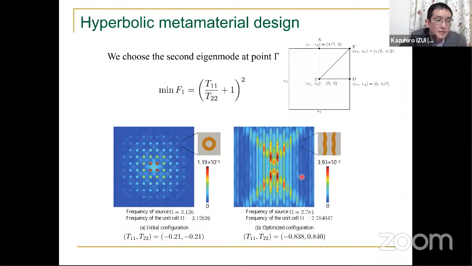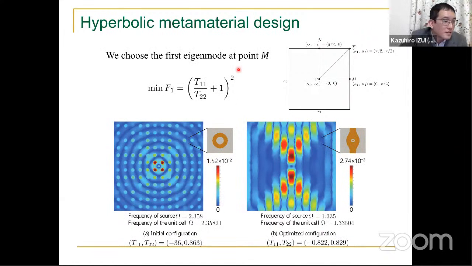And we can observe a cross-shaped path of wave propagation. This type of wave propagation is called hyperbolic dispersion.